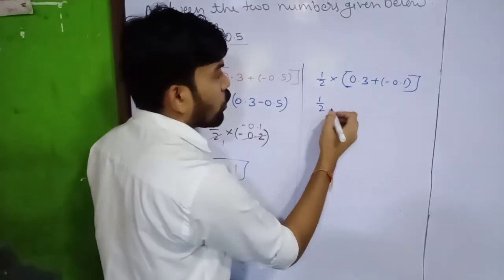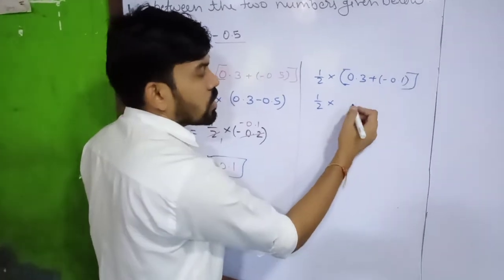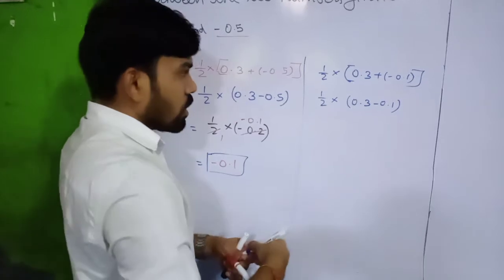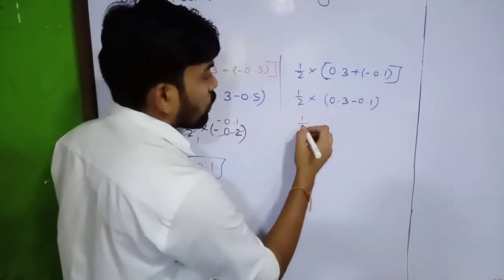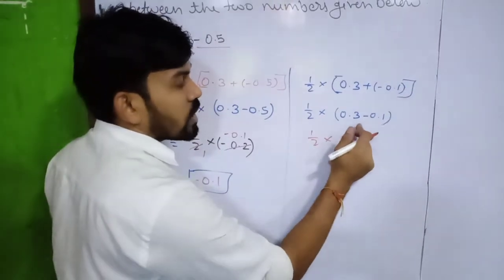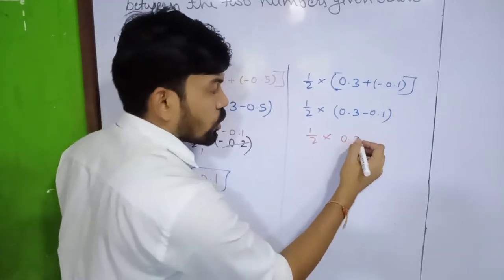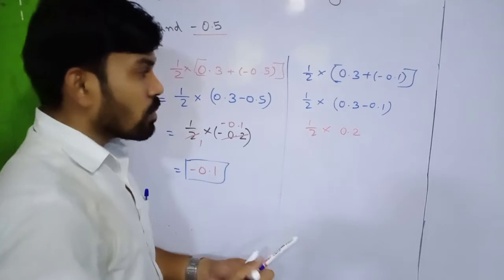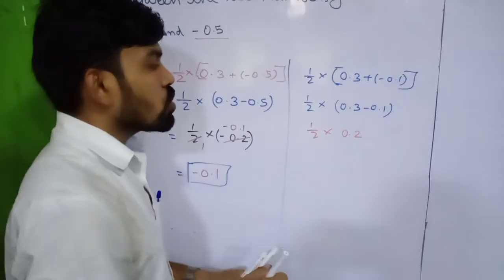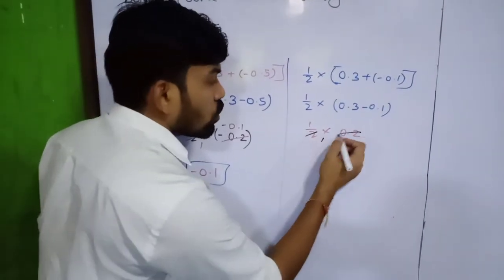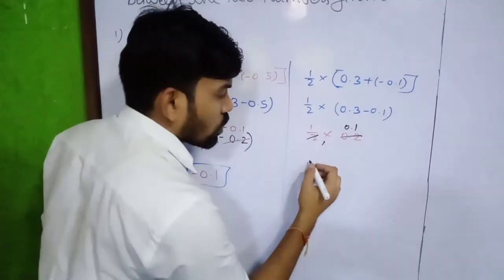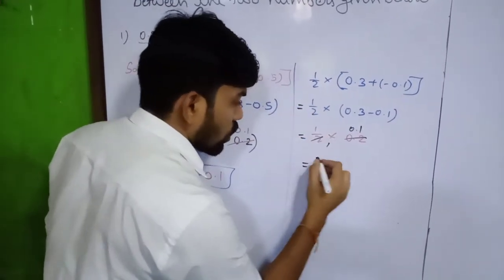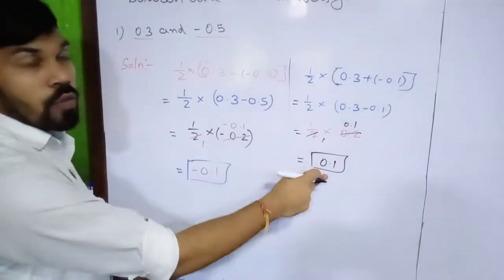So 1/2 into 0.3 minus 0.1, 0.2. This time positive, because here we have the positive number bigger than the negative number. So 2 1s are 2, 2 0s are 0, 2 1s are 2, equal to 0.1. So this way we got another number, 0.1.